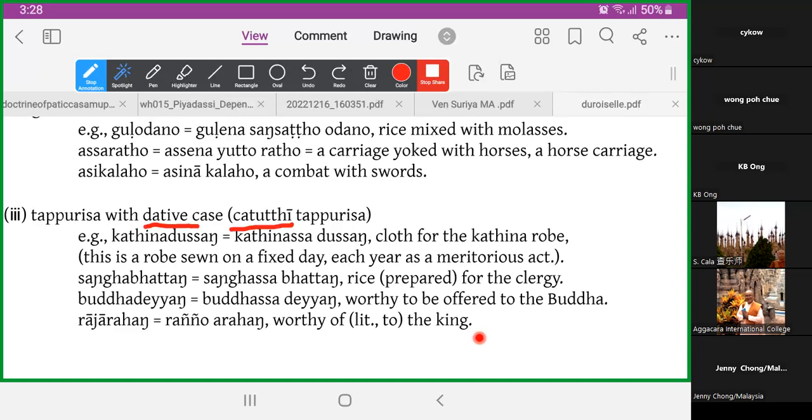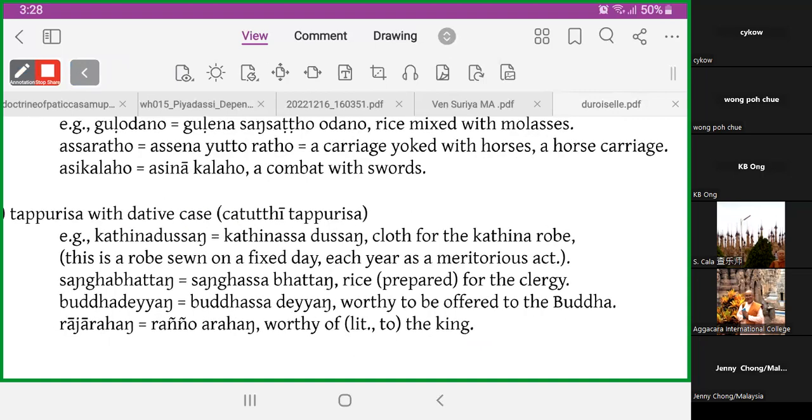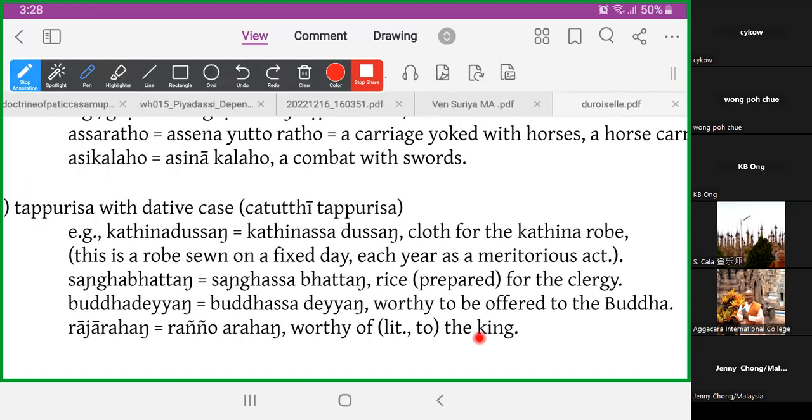All right. So this is the Tappurisa with dative case. This means that the dative of the first member is dropped. So where's the dative case? All right, so let's see. Kathinassa, for the Kathina robe. Okay. So this is a dative case. Kathinassa dussam. Dussam is cloth.